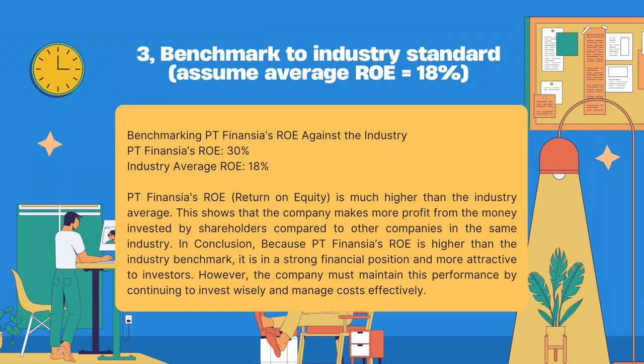For the last question of case 3, benchmark to industry standard, assume that the average ROE is 18%. So here's the breakdown. Benchmark of the company's ROE against the industry. The company's ROE is 30% and the industry average ROE is 18%.